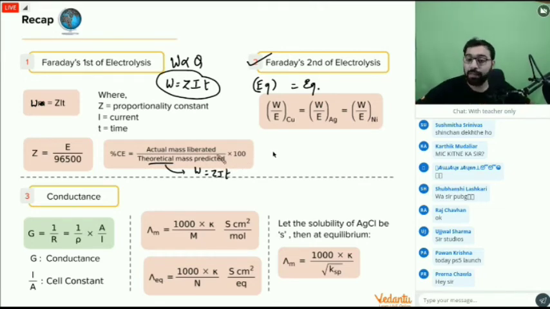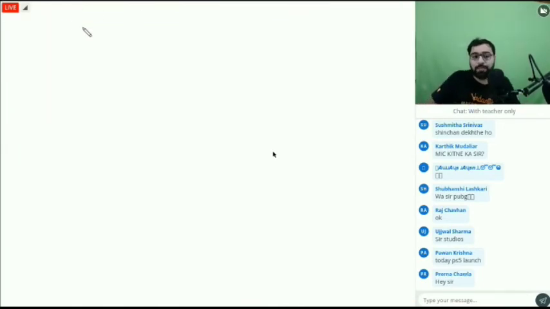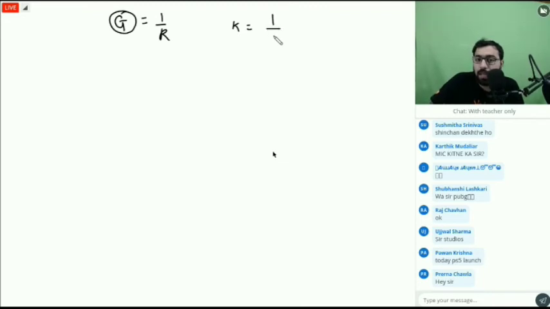Then we studied conductance, conductivity, specific conductance, molar conductance, equivalent conductance. First, conductance G, that is inverse of resistance. Then we studied kappa, that is inverse of resistivity. Kappa is called conductivity, this is called resistivity.